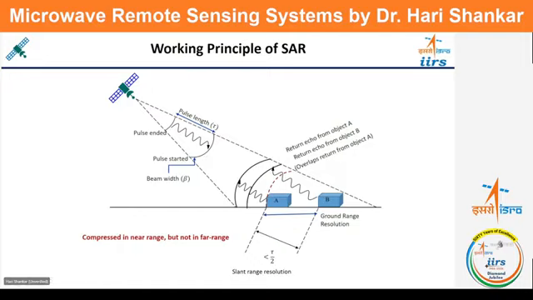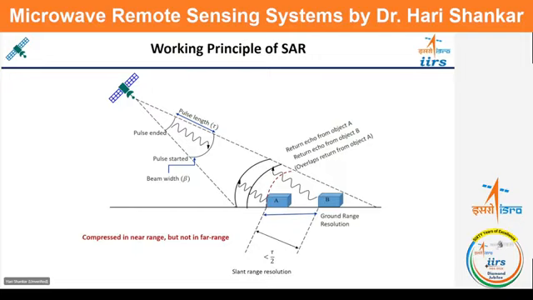So if the radar is sending the signals in the form of pulses, then it is called the pulse radar. In remote sensing, generally we are using the pulse radar. As I mentioned, in the case of the monostatic SAR, the antenna is used for both purposes, for the transmission of the signal as well as for the reception of the signal. It means a sensor is sending one pulse, then some gap is there. In that gap, it is receiving the signal.